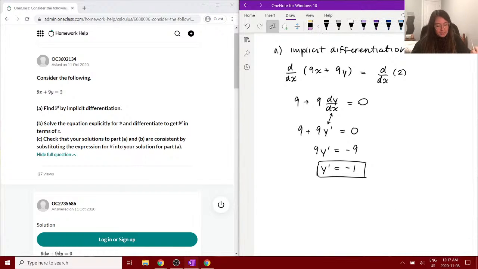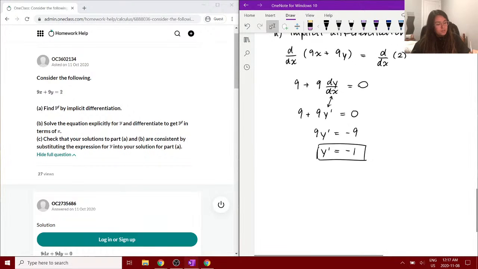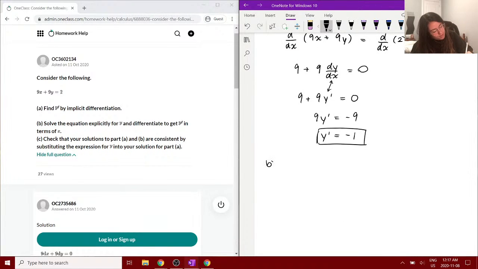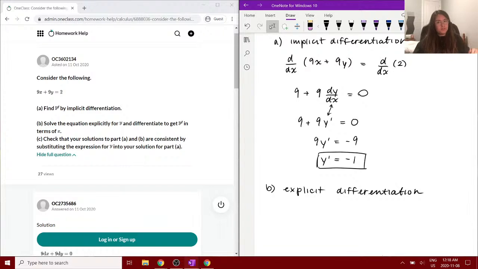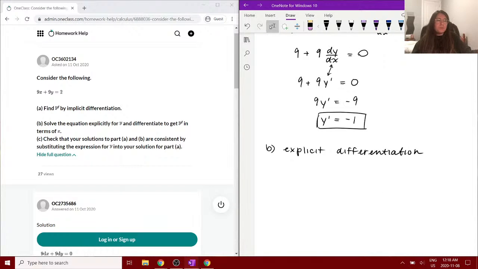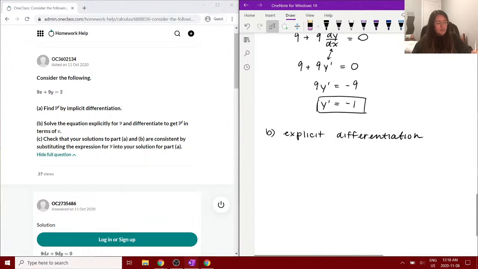So going to B, it's asking to solve it explicitly now. So I'll write that. We need to perform explicit differentiation. And really the only difference is that we are going to rearrange first. This is probably the way you normally perform differentiation if you have a linear equation.